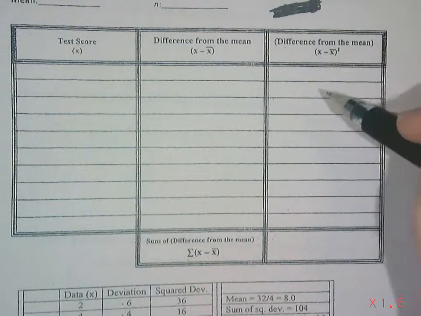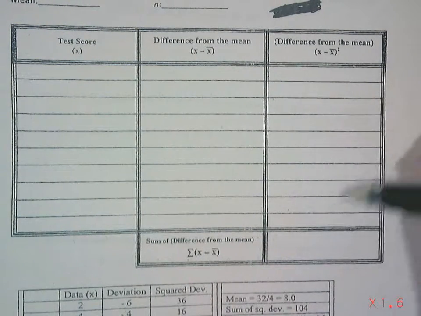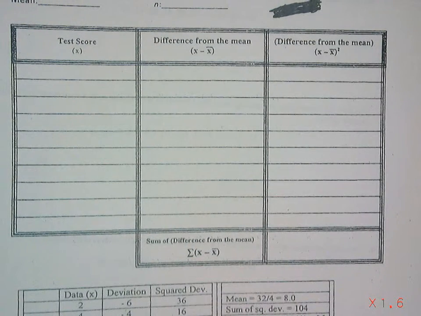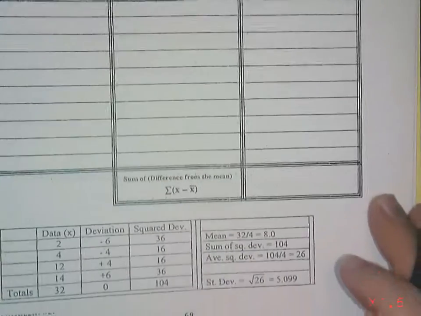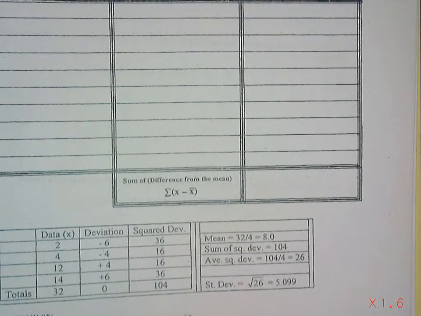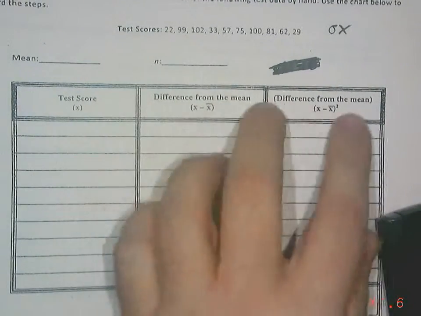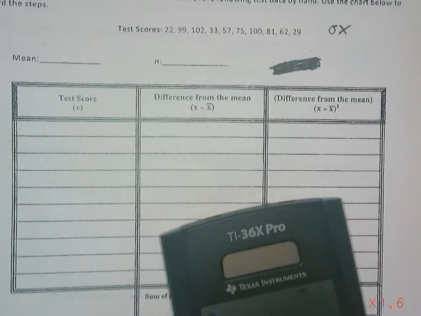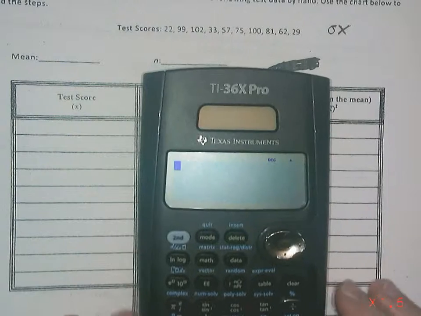Then you take that number and square it, and then you add all those together, and then you end up dividing by the total numbers and then square rooting. So a little bit more complicated. A lot of different things you have to do, about 4 different steps, to actually find the standard deviation. Now the calculator will do it just by entering in the data set.